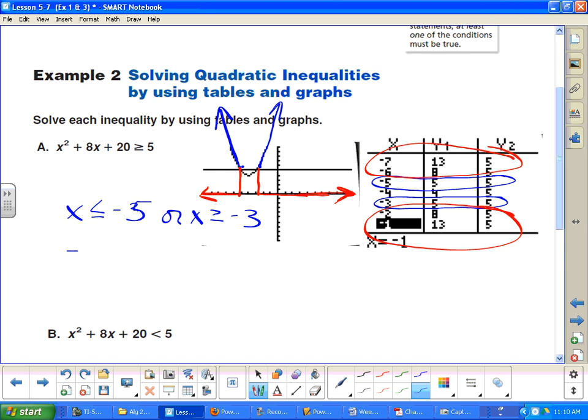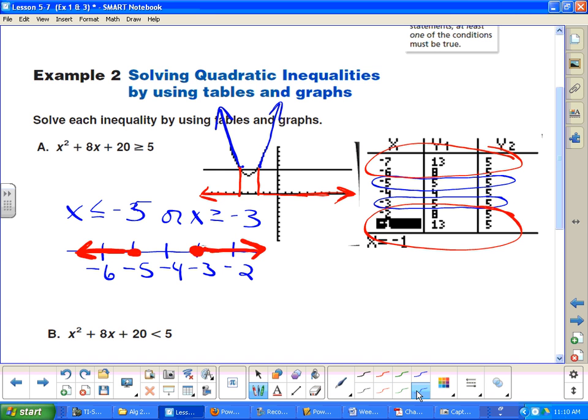So on my number line, since it says greater than or equal to, I have closed dots on negative 3 and negative 5, going to the left from negative 5, going to the right from negative 3.